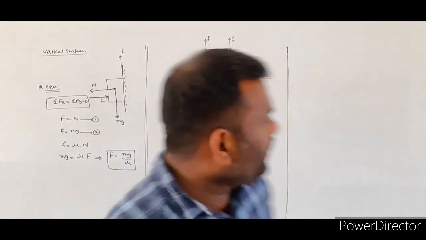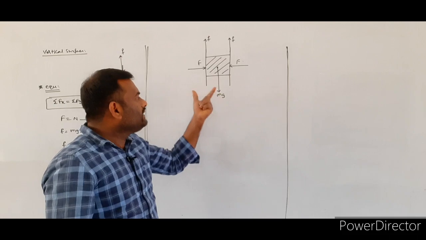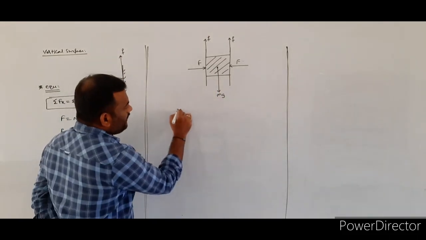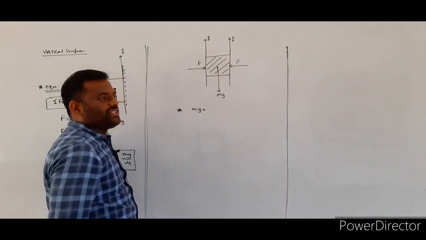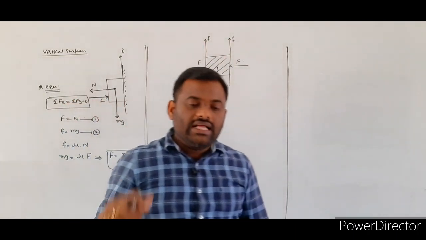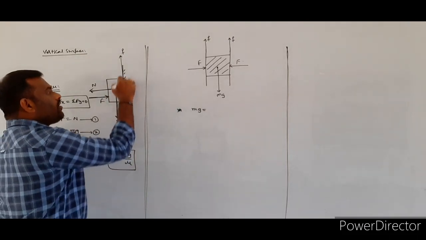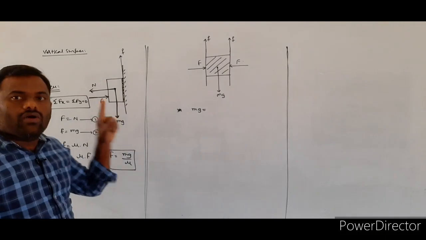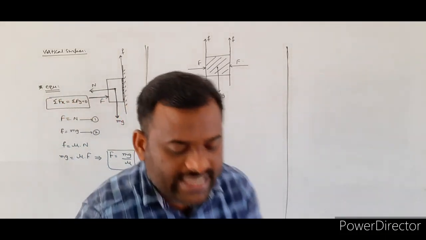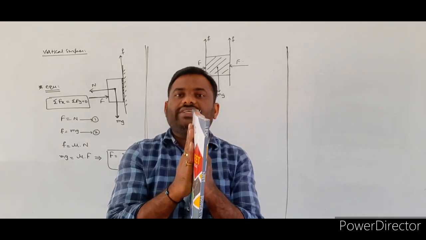See here, initially the book is said to be in the equilibrium condition, so that the weight of the book is balanced by the upward frictional force. So in the previous case, the block was in contact with only one contact surface. But in this case, the book is kept in contact with the two surfaces of the hands.